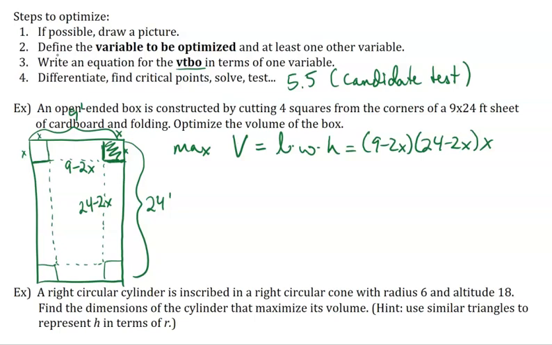Okay? So now it's in terms of a single variable, which is what we want. If you would like to leave it like this and kind of do product rule within product rule, you can. I'm going to go ahead and multiply things together so that I can just use the power rule.